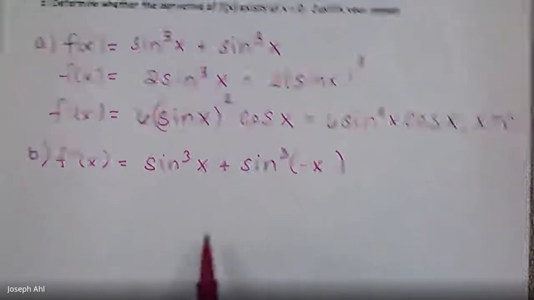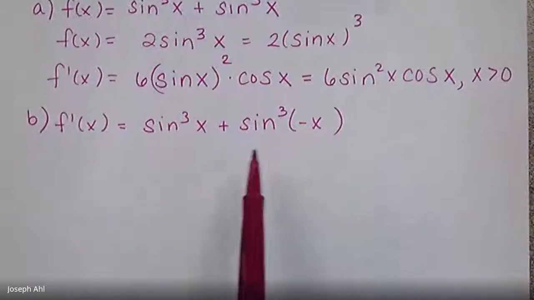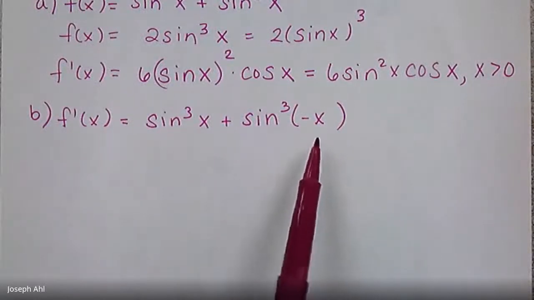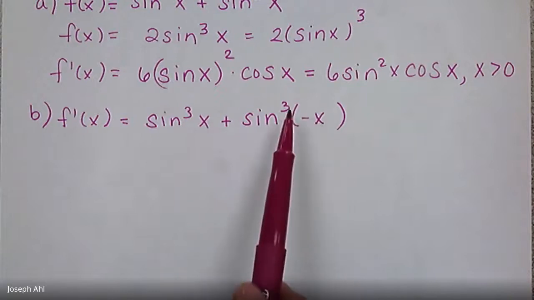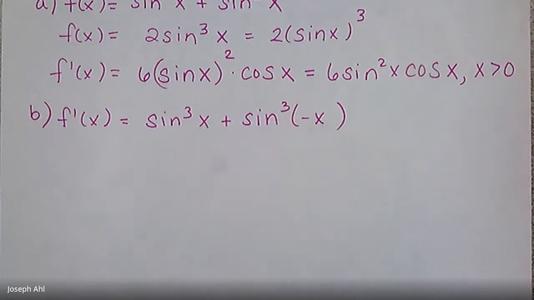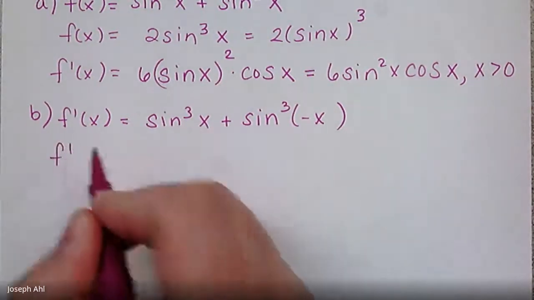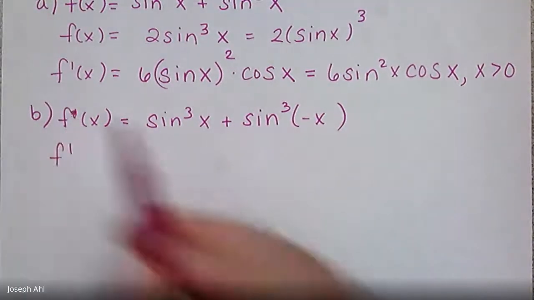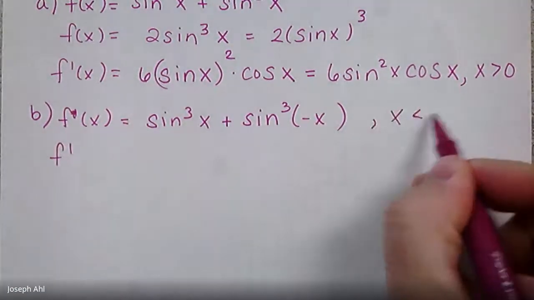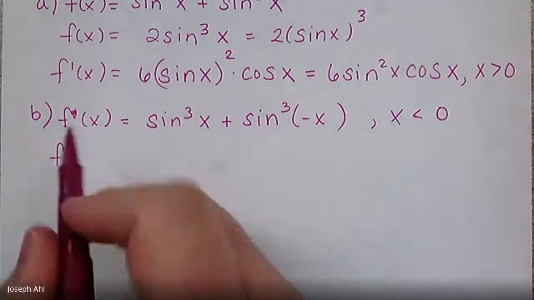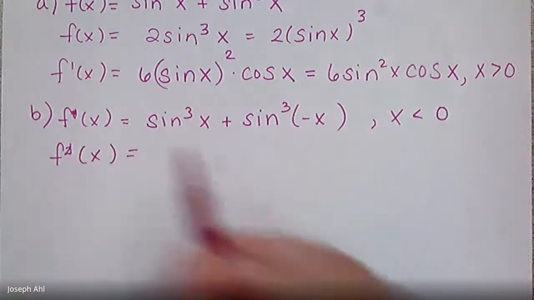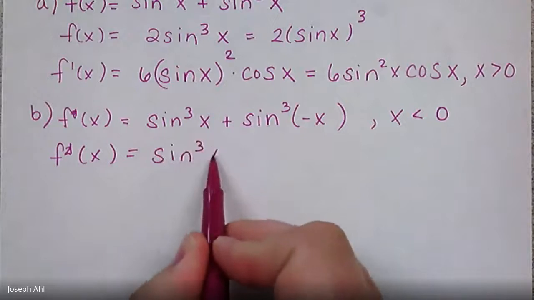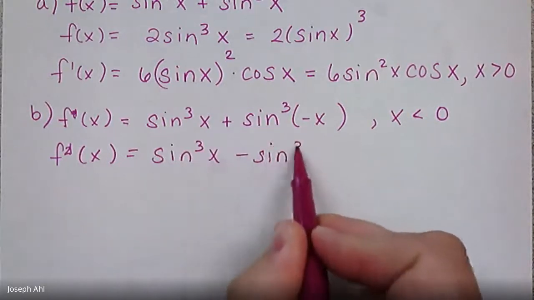And what we have here is, if you remember that negative angle identity that we might have referenced once or twice before in the notes, sine of negative x is the same as negative sine x, and then cubing that keeps the coefficient out front negative. So this is f of x to start when x is less than 0. What this actually turns into for f of x is sine cubed minus sine cubed.